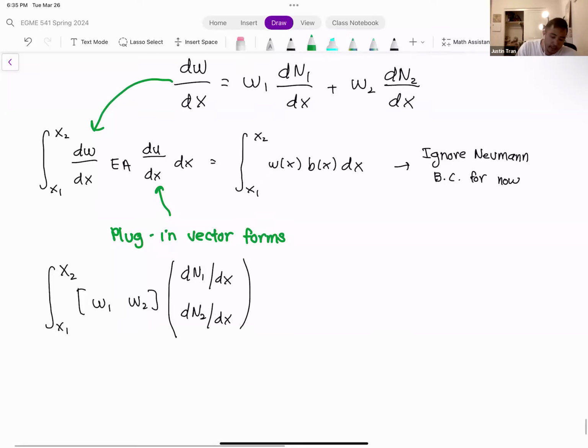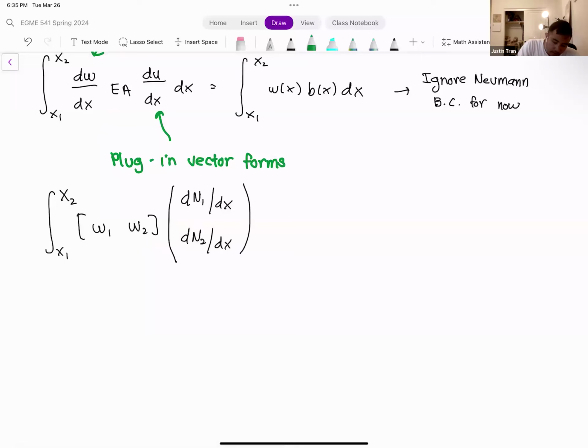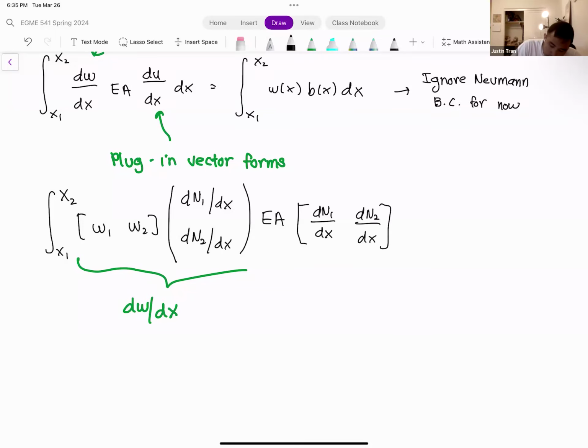All this right here is dw/dx. These are going to be multiplied by E times A. This is then multiplied by dN1/dx, dN2/dx, times a column vector u1, u2, dx. These two quantities right here are du/dx.